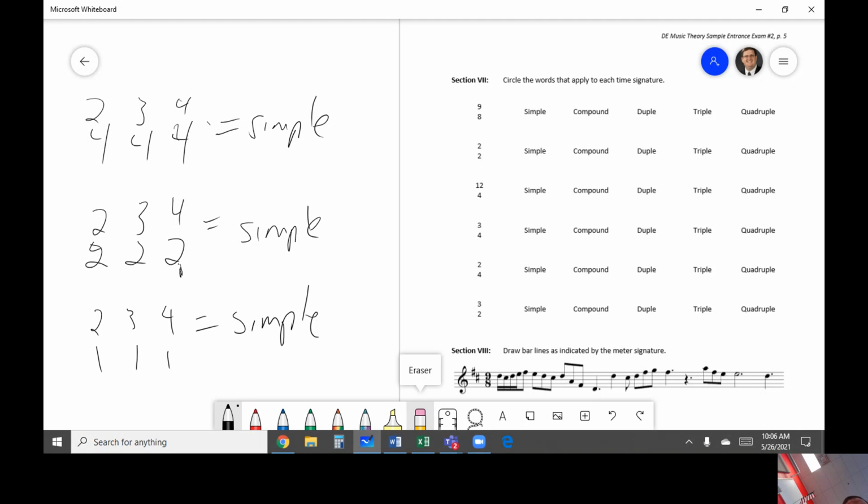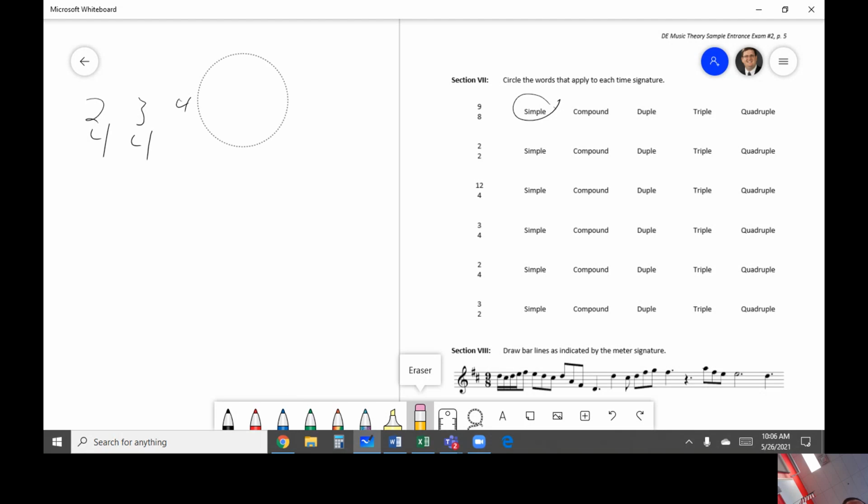Because this half note is only going to be divided into quarter notes, and that whole note is only going to be divided into half notes. Anything with a 4, 2, or 1 on the bottom, you're going to circle simple. There's no way around that. And by simple, we mean again that the subdivision is divisible by 2 or 4. The division of the beats is done symmetrically in 2s or 4s.